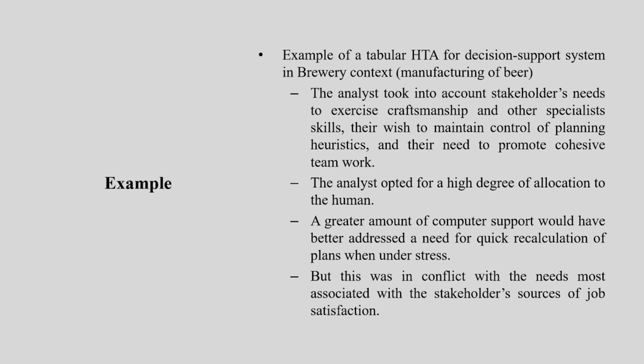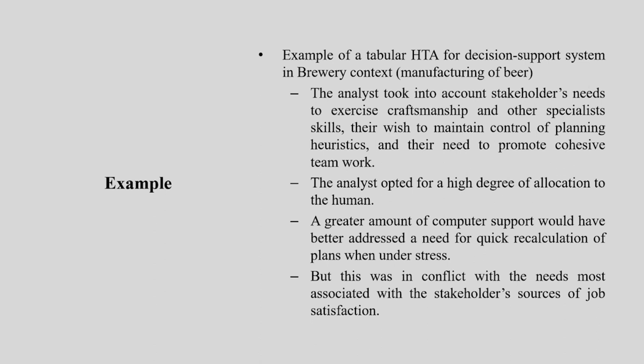So the analyst also may opt for a high degree of allocation to the human. Depending on the type of activity you are doing, the analyst can decide which ones to rely on the human for, and where to rely more on the computer. A greater amount of computer support would have better addressed a need for quick recalculation of plans when under stress.